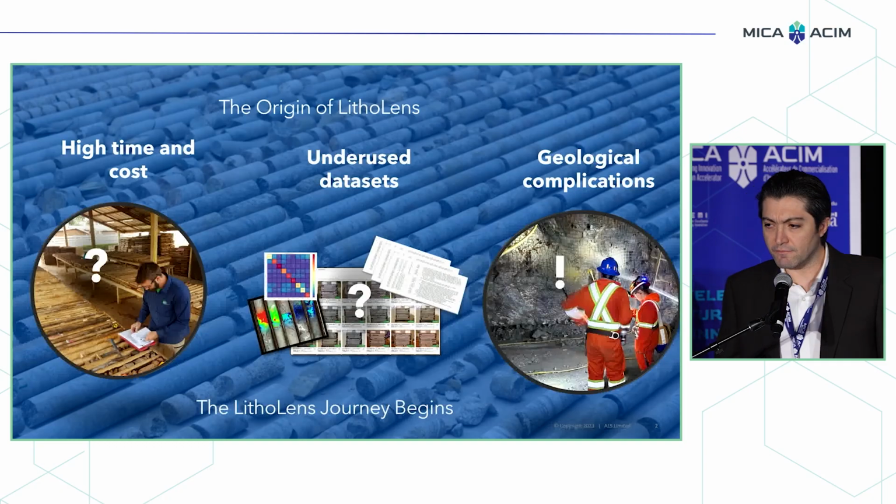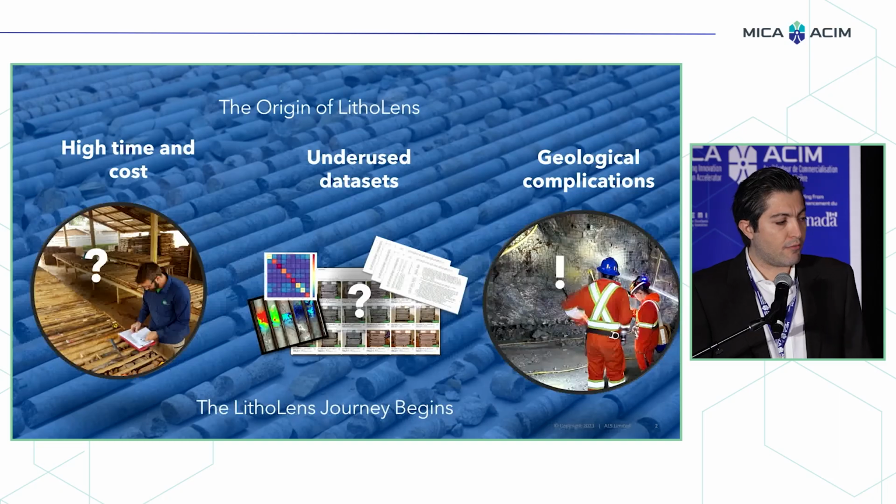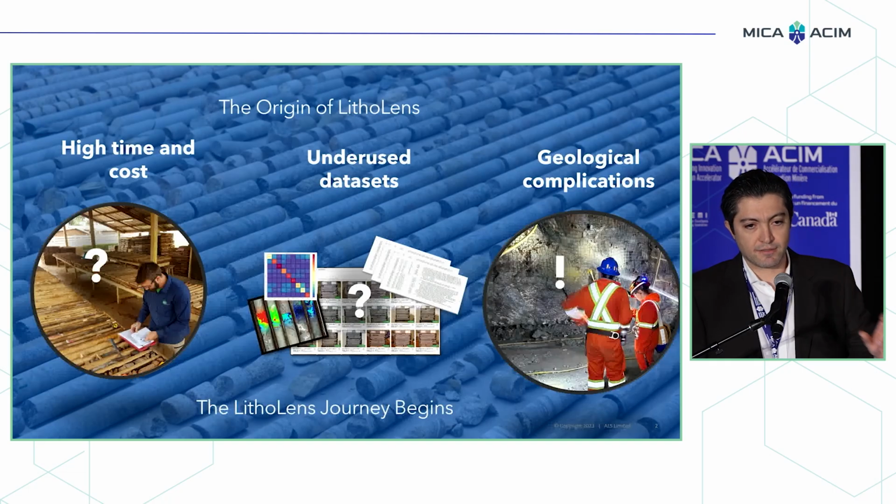So we tried to come up with a solution because core photos are high resolution. You can see the texture, different types of fractures. So there is so much informative information over there.